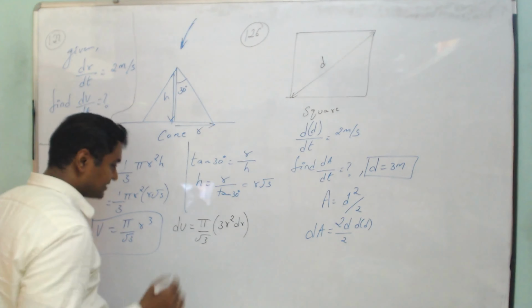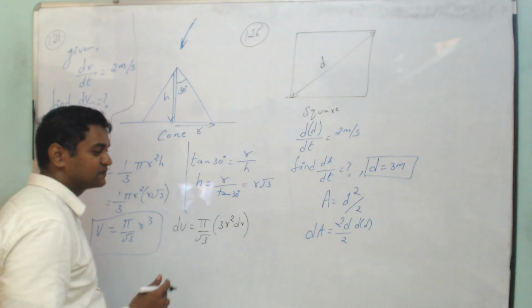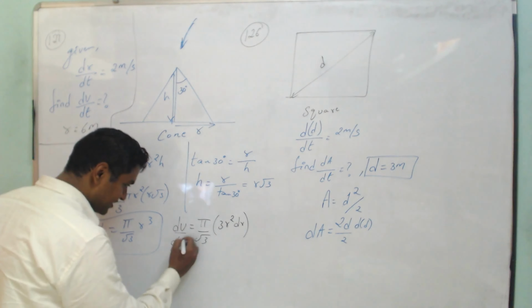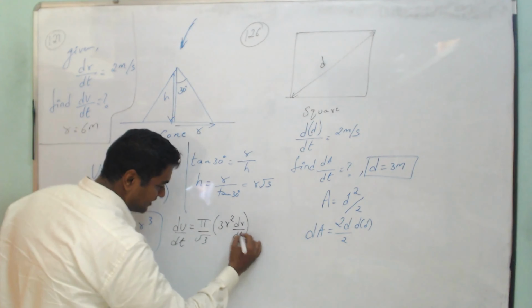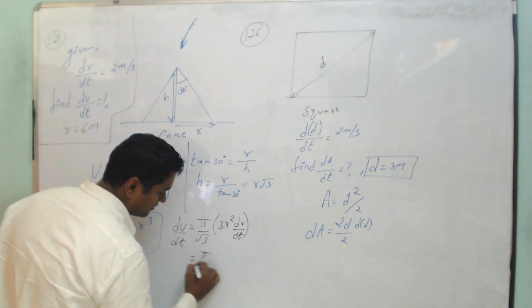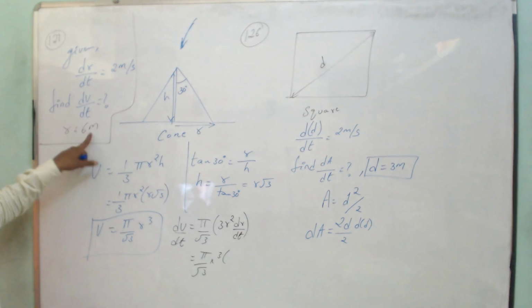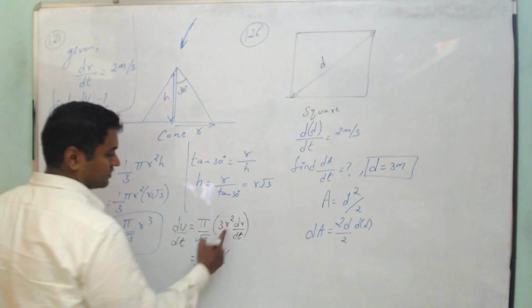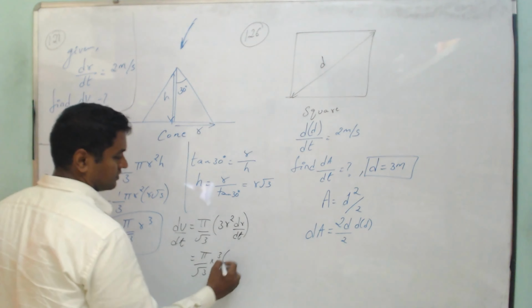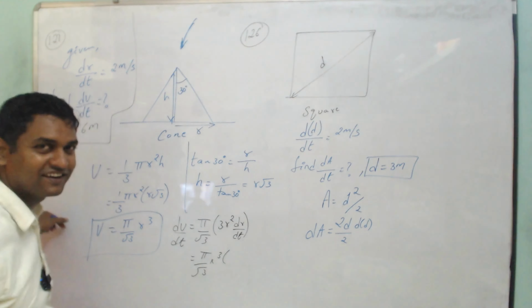What will we do next? Divide by dt. And next? Substitute the value of dr by dt, which is 2. So 6 pi R square.